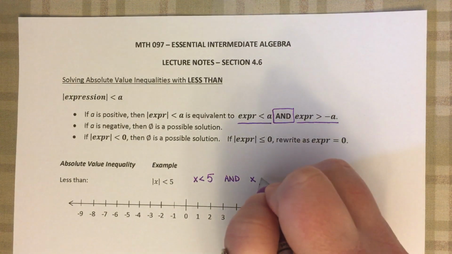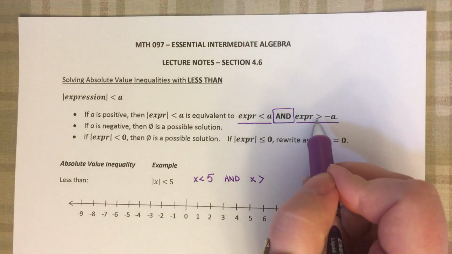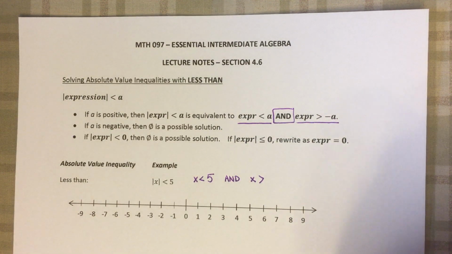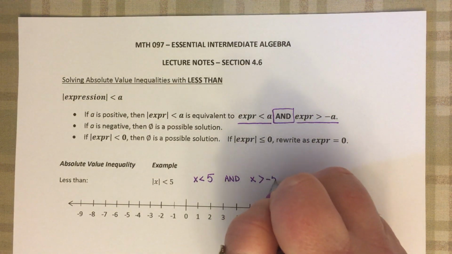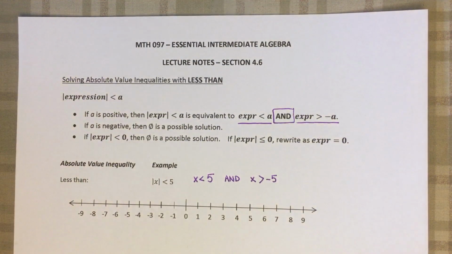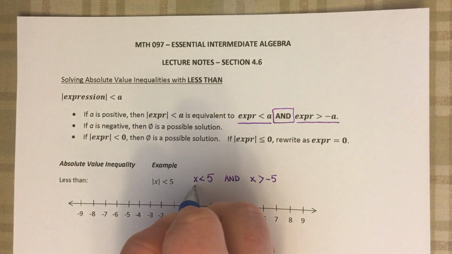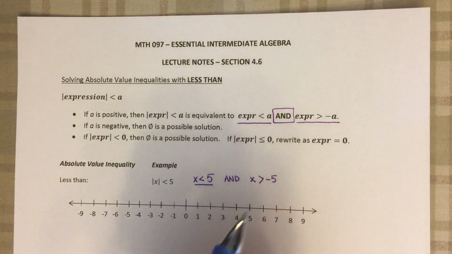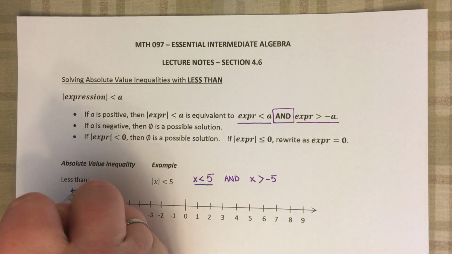Then we're going to flip our symbol to a greater than, and then we're going to flip our sign. So x is less than 5, and x is greater than negative 5.